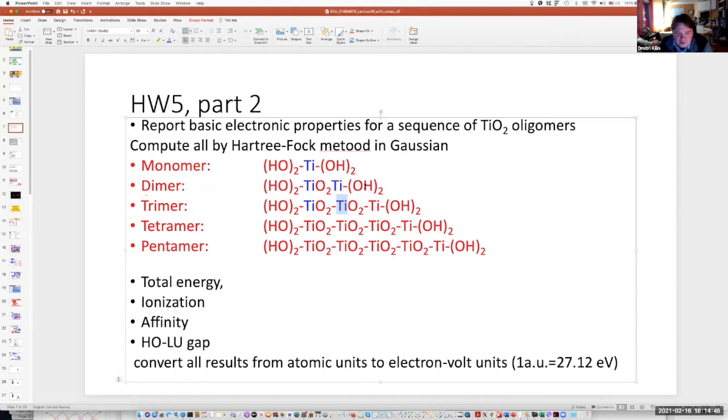And so forth. They are connected in a chain, and the terminal elements of this chain are hydroxyl groups, OH groups, so it's a linear chain.